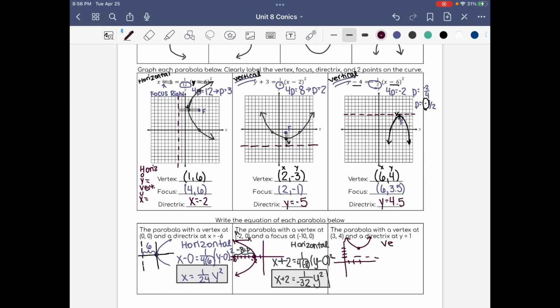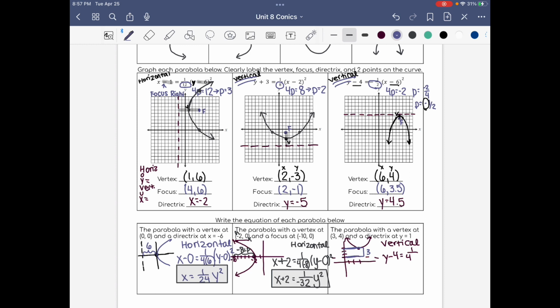So this is going to be a vertical one, which means it's going to be y minus the y value of the vertex, which is 4, equals 1/4 times the distance between the vertex and the directrix, which is 3, because this is at 4 and this is at 1.